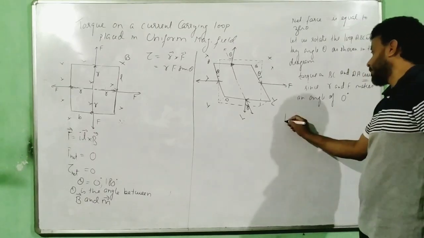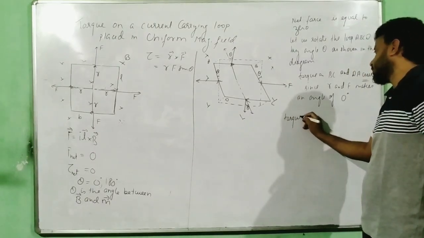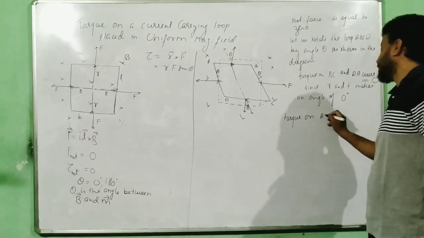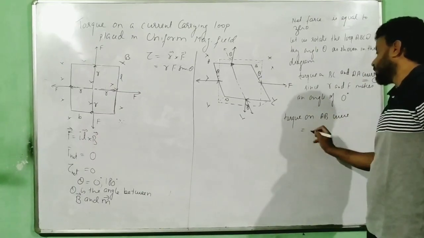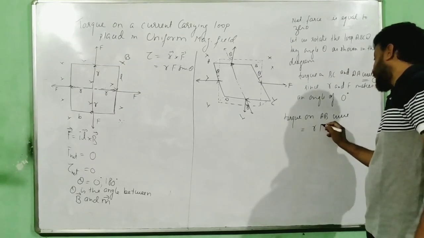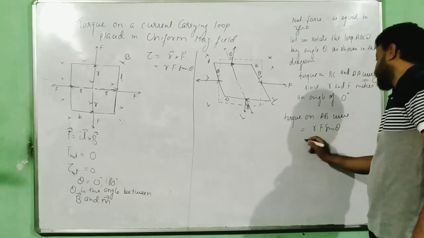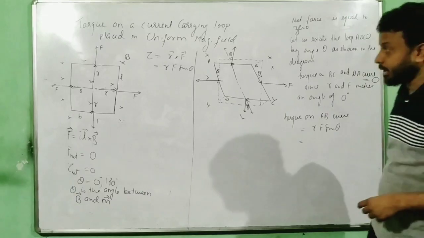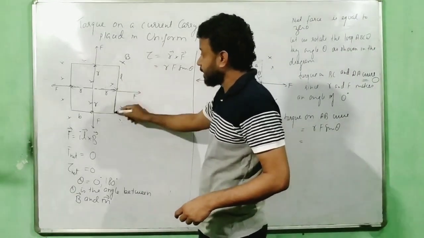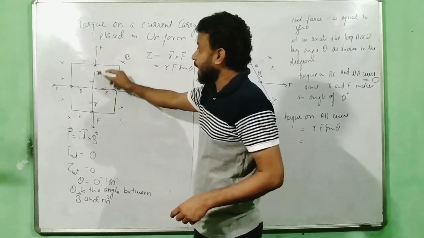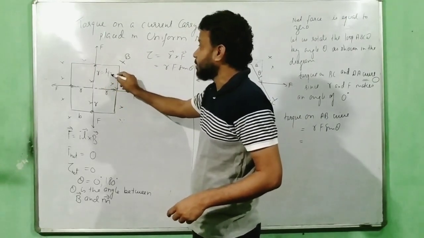So now torque on AB wire will be equal to RF sin theta. Now what is R here? That is the interesting part. This length was L, so R is nothing but L by 2.